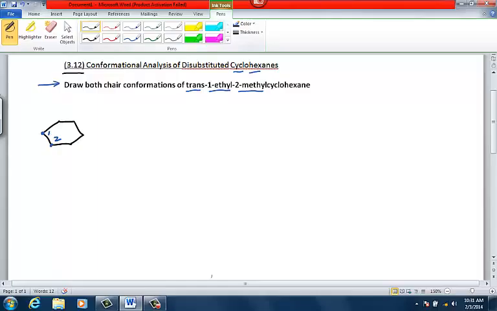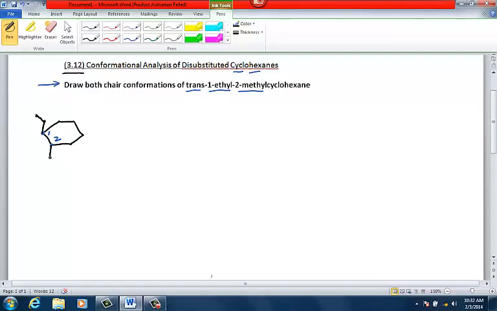If they're going to be trans, 1 should be up and 1 should be down. So let's say we make the 2-carbon group, an ethyl, up, and our 1-carbon group down. Those are trans from each other.